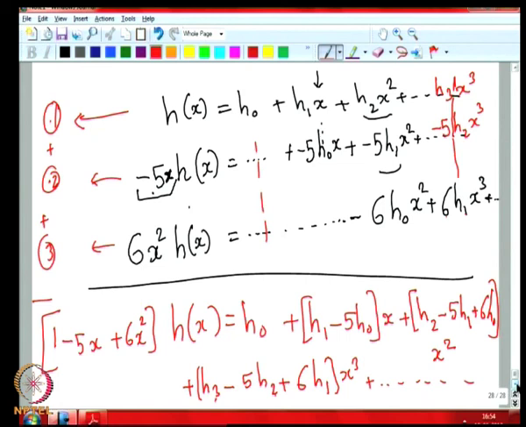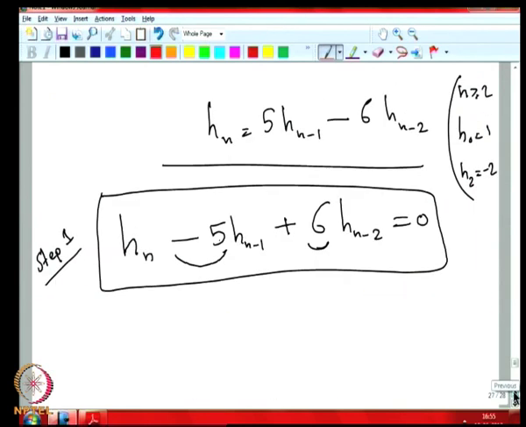So what is good about this is that this one, h2 minus 5h1 plus 6h0, is familiar. Why? Because hn minus 5h(n minus 1) plus 6h(n minus 2) is equal to 0. You put n equal to 2 here, so this will become h2 minus 5h1 plus 6h0.